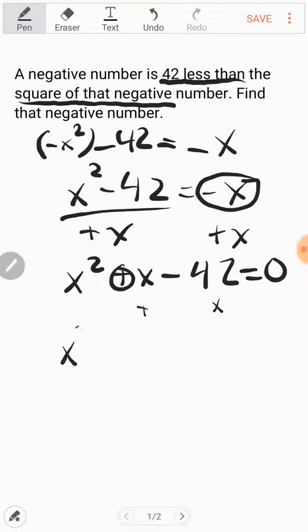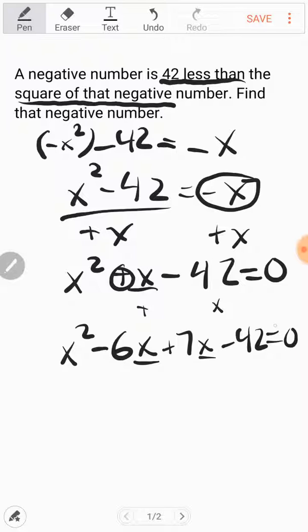So we'll have x squared minus 6x. Remember the x, because we have the x here, we want them to add to 1x. So negative 6x plus 7x minus 42 equals 0. Now we can split this into two parts.